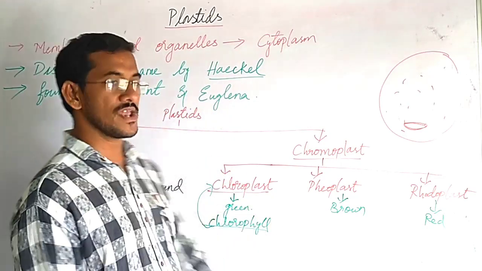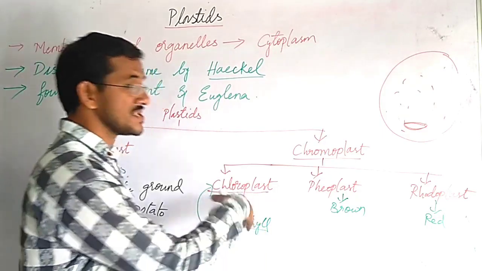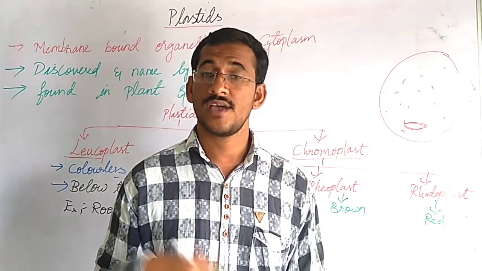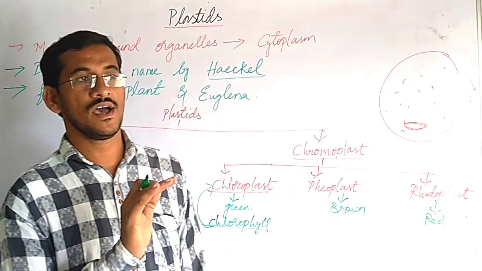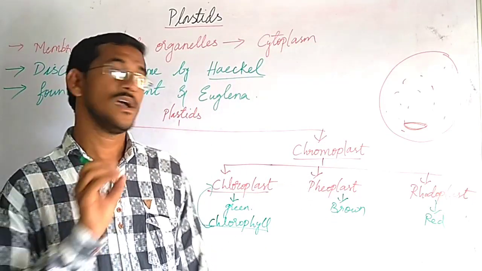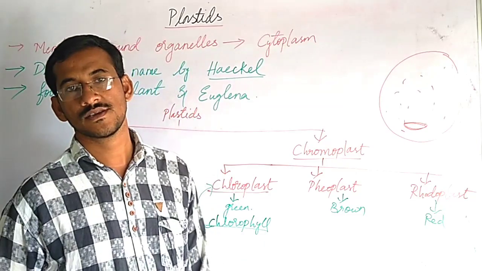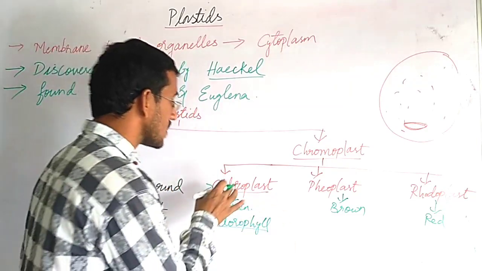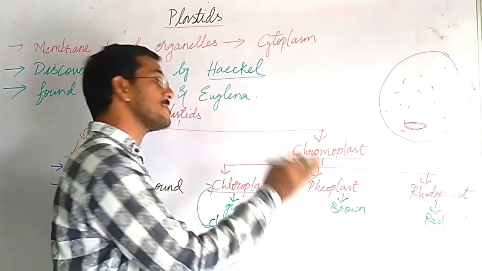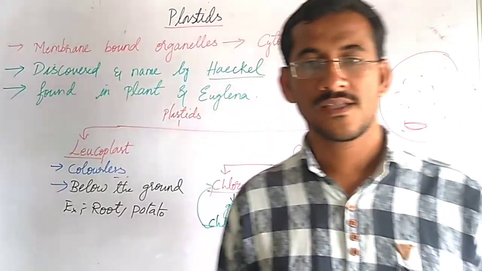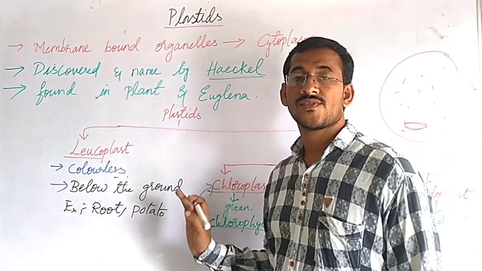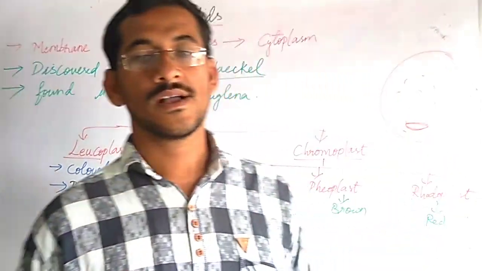That's why they are green in color. Because chloroplast is present in leaf and young stem, even they look green in color. So most of the leaves look green because of chloroplast. In chloroplast, the chlorophyll pigment is present, which makes things green in color. That is the reason why most leaves look green.